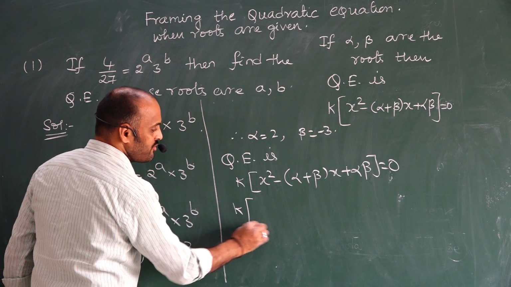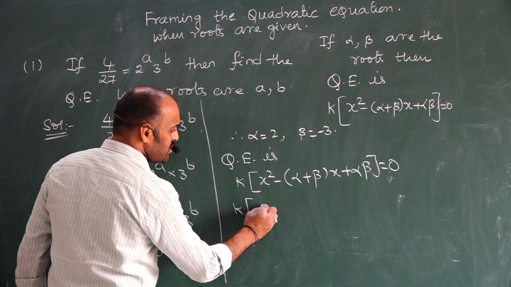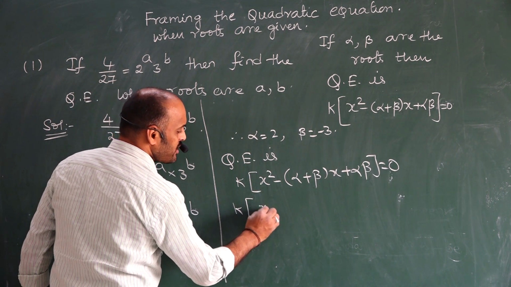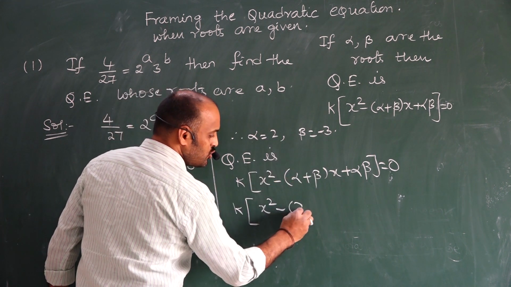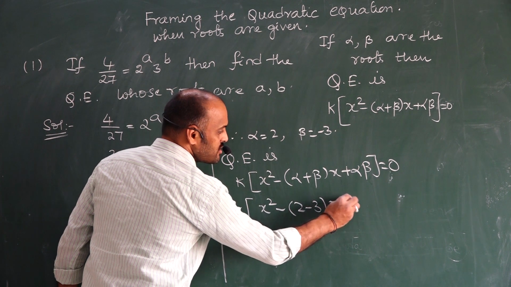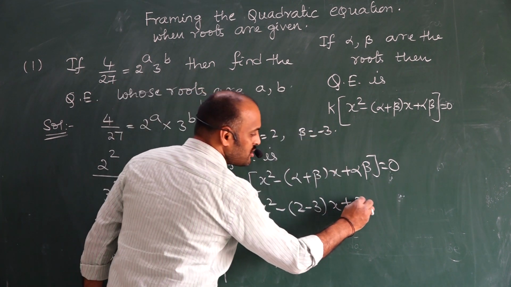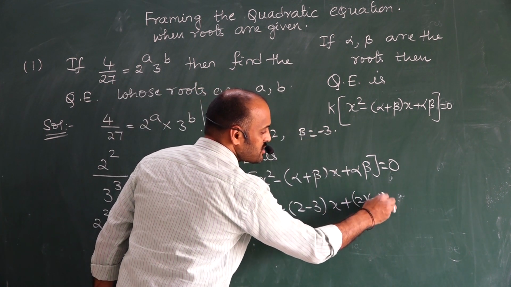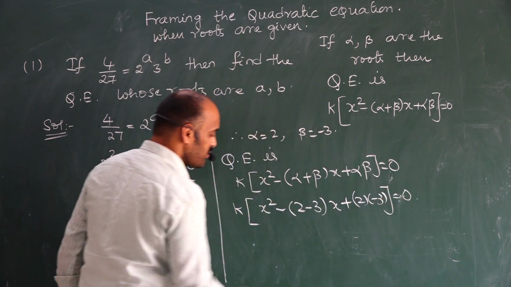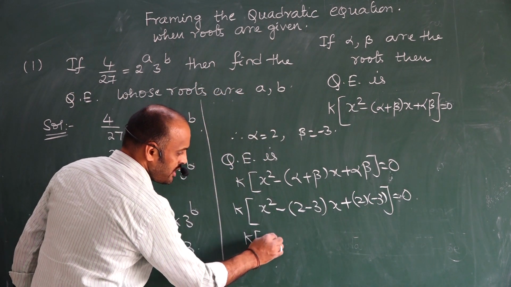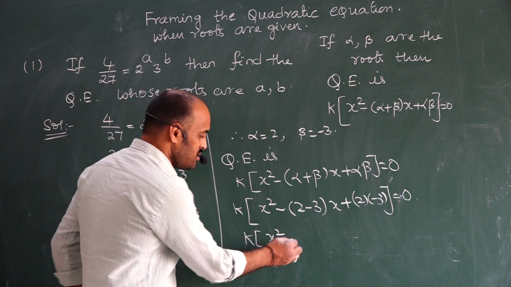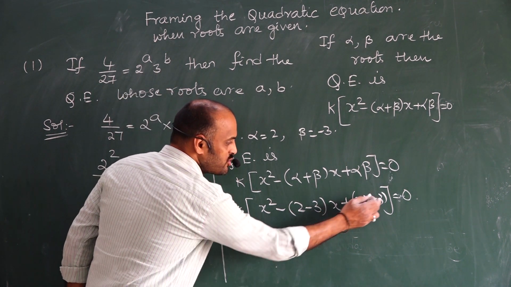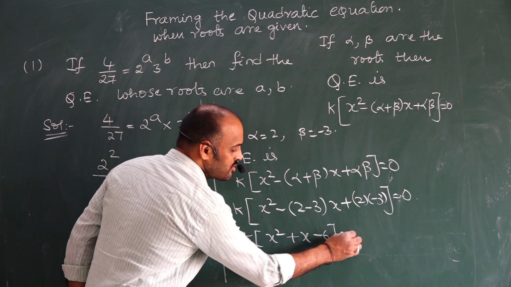So k times of x square minus (2 minus 3) x plus alpha into beta, 2 into minus 3, is equal to 0. So k into x square, 2 minus 3 is minus 1, minus of minus is plus, x, plus 2 into minus 3, minus 6, is equal to 0.